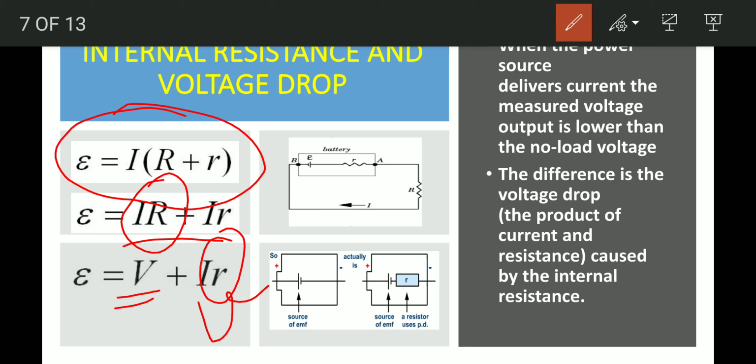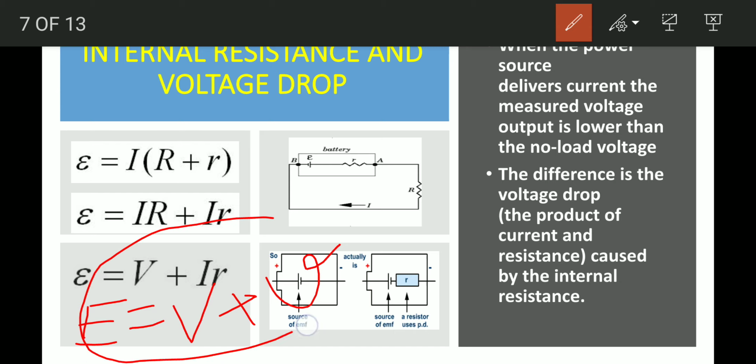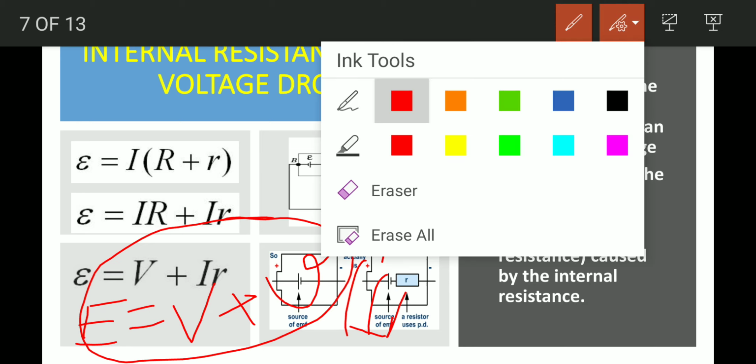So that means EMF is equal to the sum of terminal voltage and voltage drop. This particular expression clearly depicts that in order to find voltage drop, you subtract terminal voltage from EMF. That is the main idea.